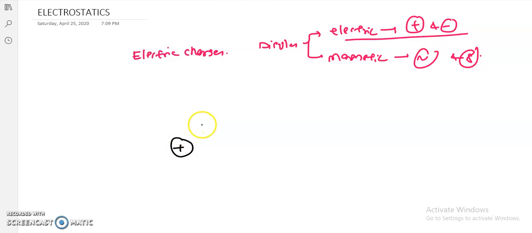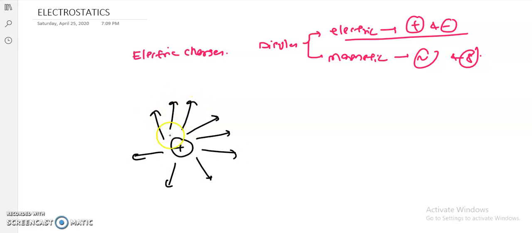Coming to the positive charge, if you take a positive charge, then surrounding the charge, a few flux lines will be there. If it is a positive charge, then the flux lines flow outwards. That is a property of the positive charge. If you take the positive and negative together as an electric dipole, let's take two plates.